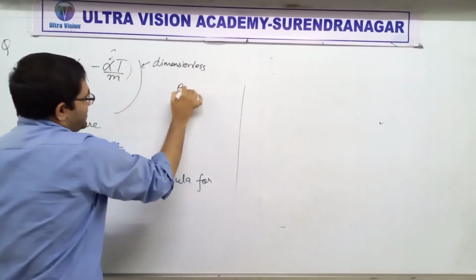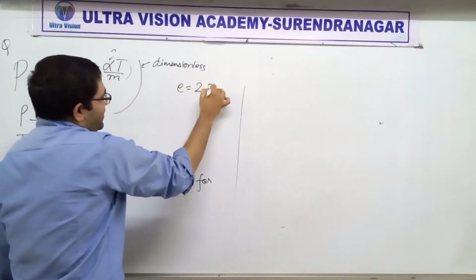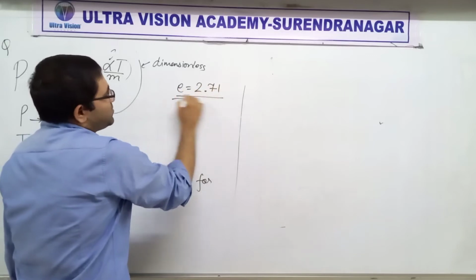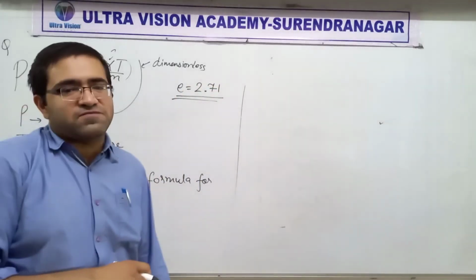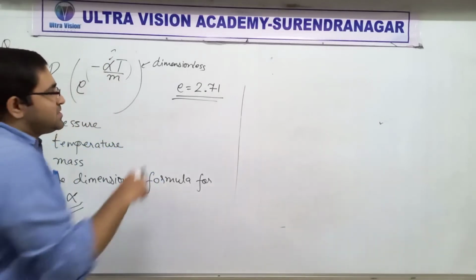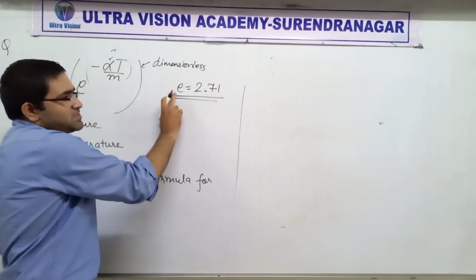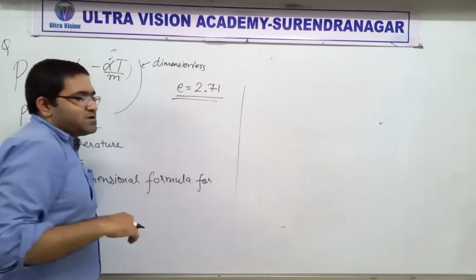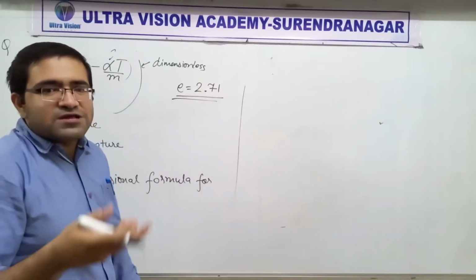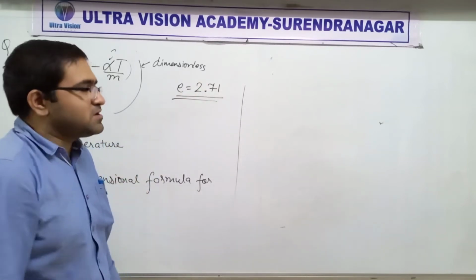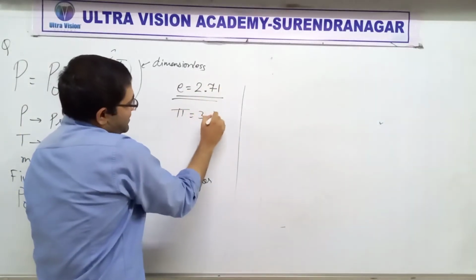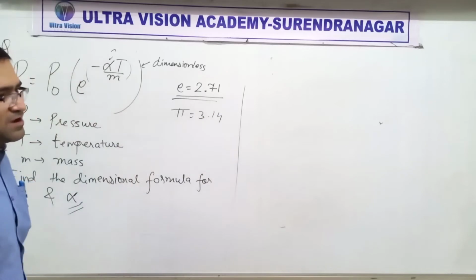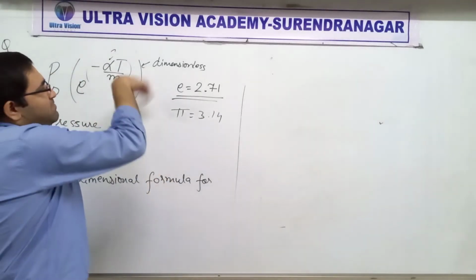I think you might not have come across E so far, but E is a value which is approximately 2.71. It comes up often in physics formulas. E is just a number, just like pi, which you take as 3.14. So this will be dimensionless.